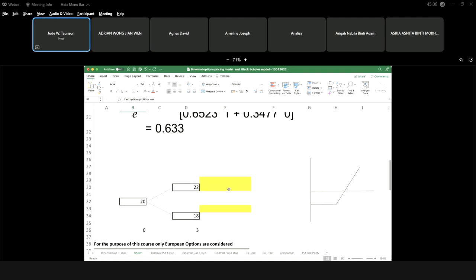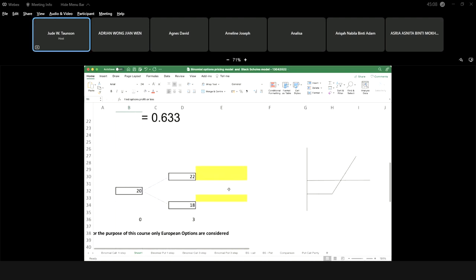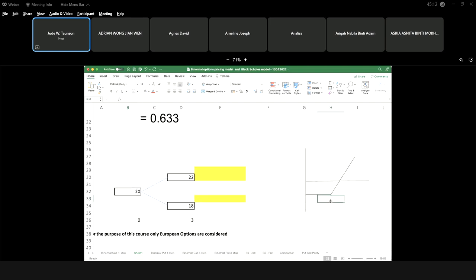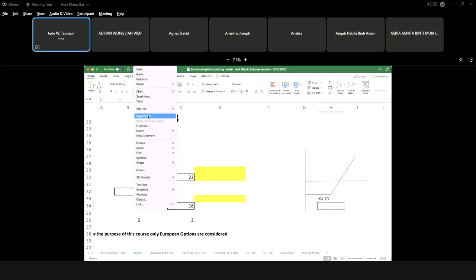If the strike price is 21, which is somewhere here, dari sini. Let me insert a line. Any question you can stop me, yeah. Okay, stock price 21, sini 21.